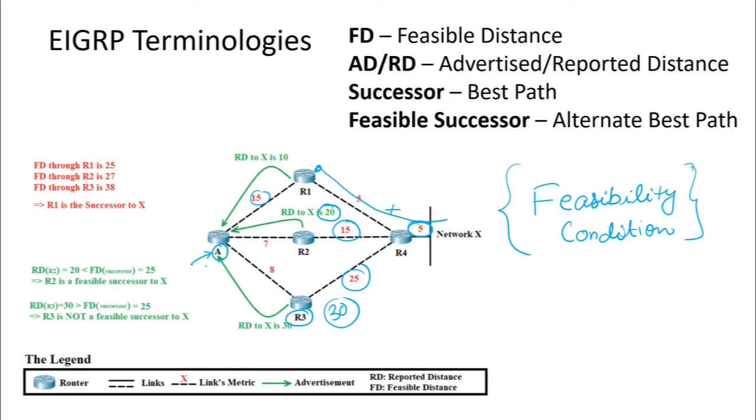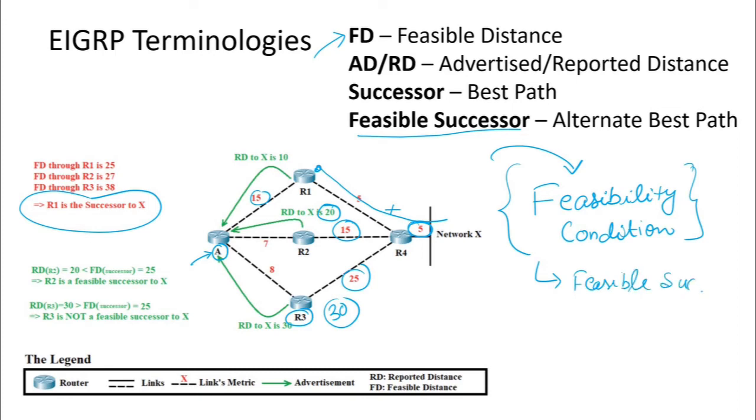So feasibility condition is like, whenever we calculate the FD value, we are very sure about the successor. But in order to find out the feasible successor, there is a condition to be met, and that condition is known as the feasibility condition. Why is this called a feasibility condition? Because this is going to decide our feasible successor.